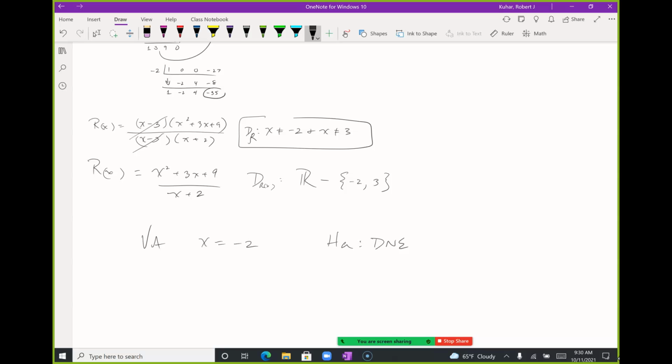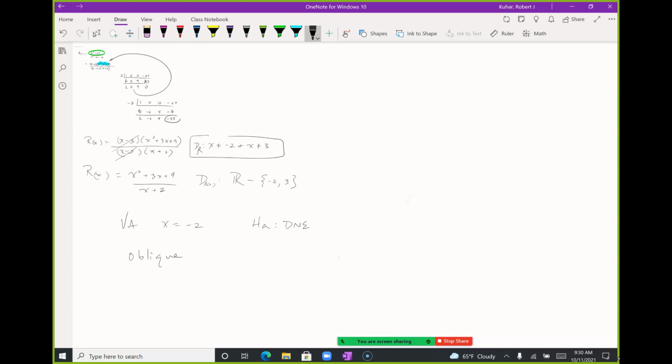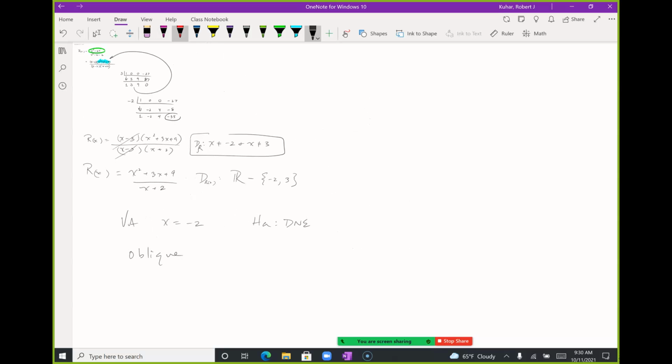Let's find the oblique, right? I can use my original function to get the oblique, or I can use my simplified version. I'm going to use my simplified version. I'm going to do it with synthetic division. Quick question, Professor. Yes.